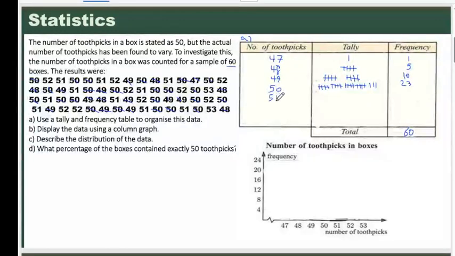I would go for 51. Each box that includes 51: 1, 2, 3, 4, 5, 6, 7, 8, 9. I will see if I have more 51 or not.